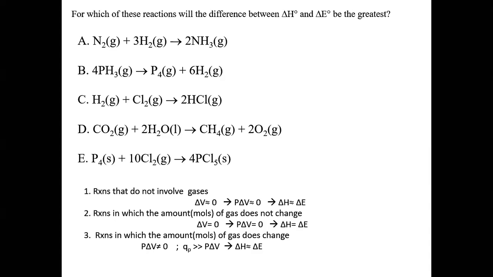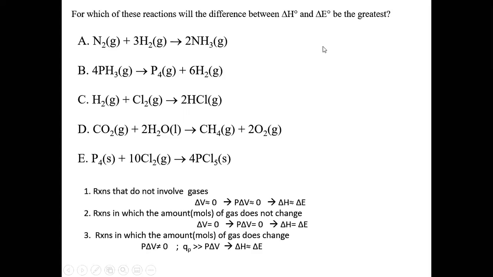However, the greater the change in the moles of gas, the more work that is done on the system. So when we go through each of these reactions, we want to see: are there gases present? If so, is there a change in the moles of gas? And which one has the greatest change?